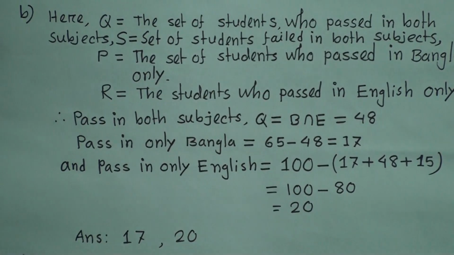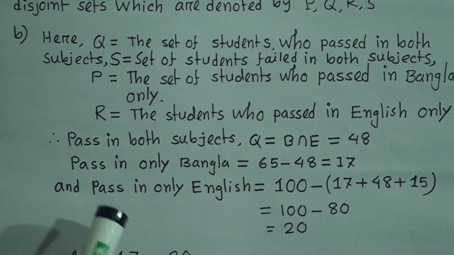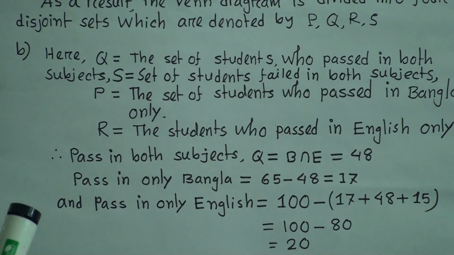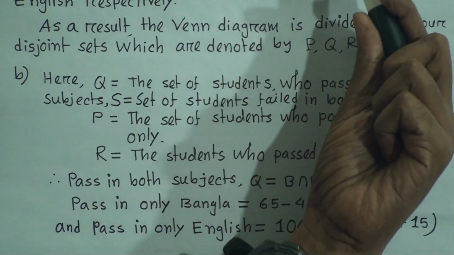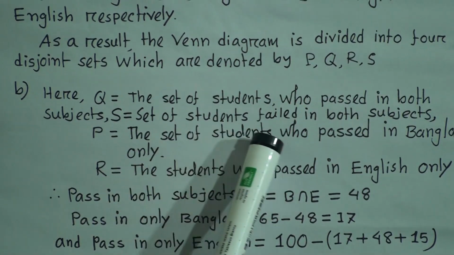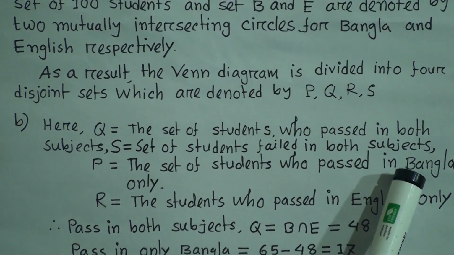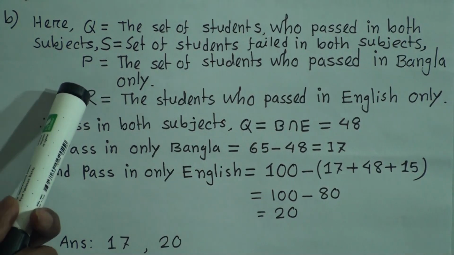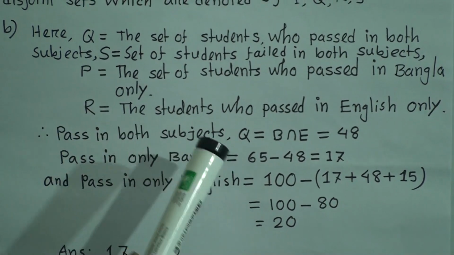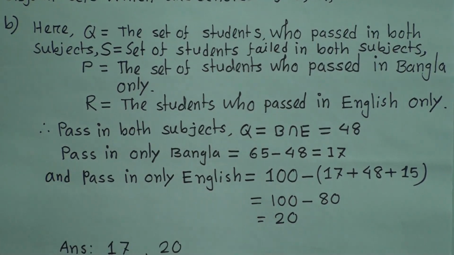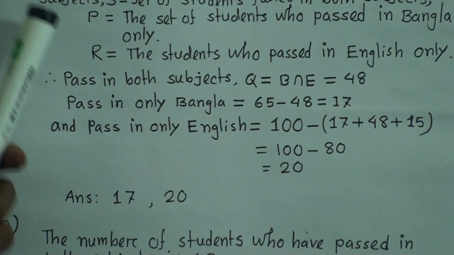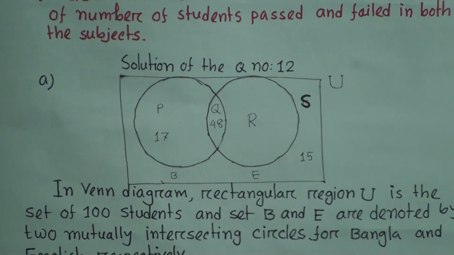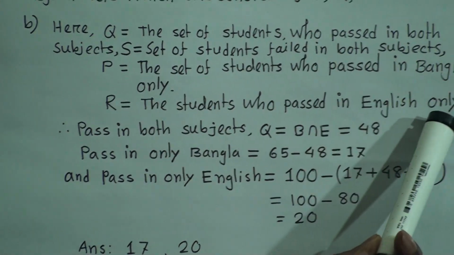S means the set of students who failed in both subjects. P means the set of students who passed in Bangla only. R means the set of students who passed in English only.